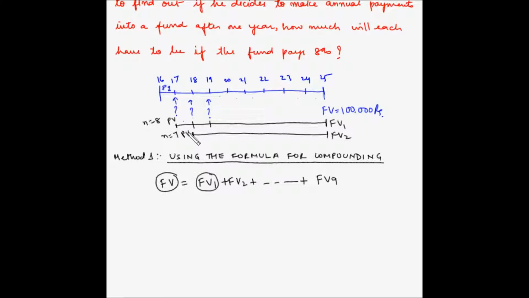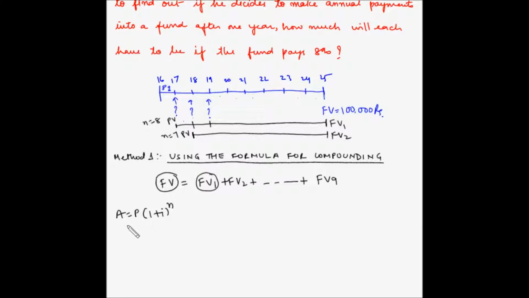So here each of these individual cases of FV1, FV2 and so on is a case of compound interest. So the compound interest formula can be written as A is equal to P into (1 plus I) to the power n, where A is the final amount, P is the initial amount, I is the rate of interest per compounding period, and n is the number of compounding periods.